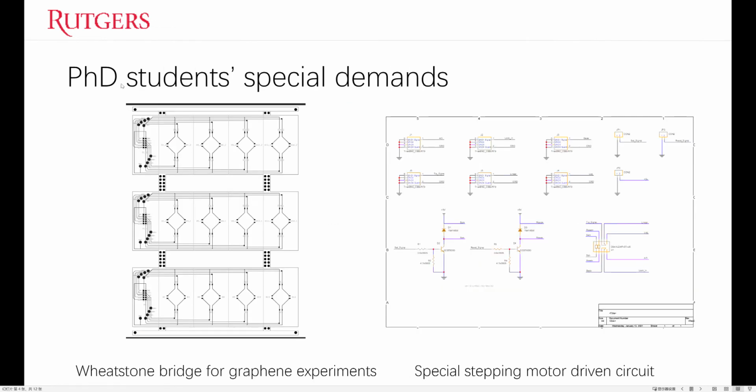I've also done several different kinds of circuits and PCBs to meet the special demands of PhD students and master's students in this lab, to help them finish their experiments.